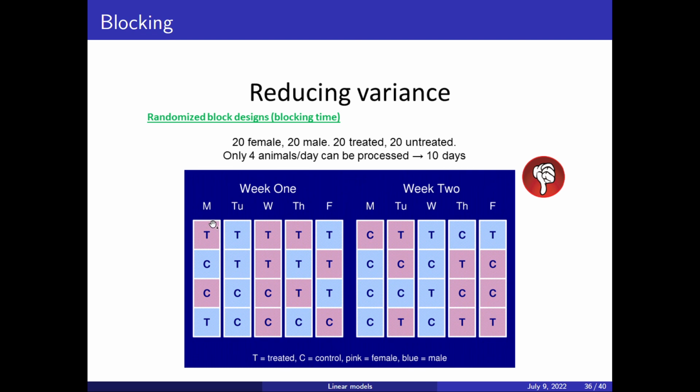It is a little bit better than before, but for instance here on Monday I have only controls, and there are other days where I have more treatments than controls, or I have only females, so I see that it is a little bit unbalanced.